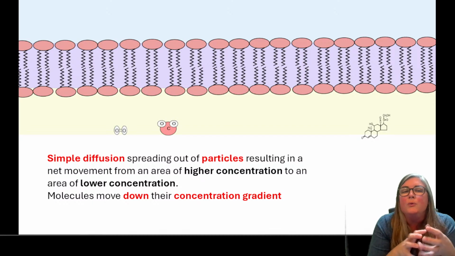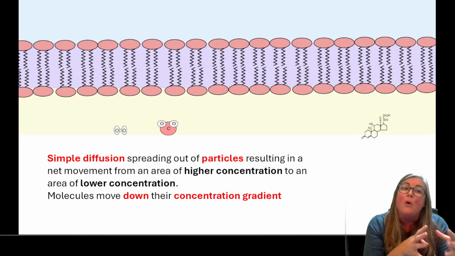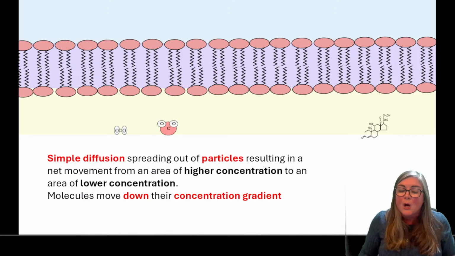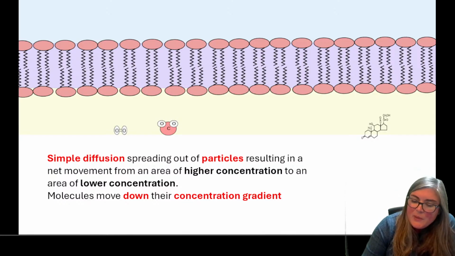So simple diffusion is the spreading out of particles from an area of high concentration to an area of lower concentration. What we say when we talk about movement of particles is that they go down a concentration gradient.